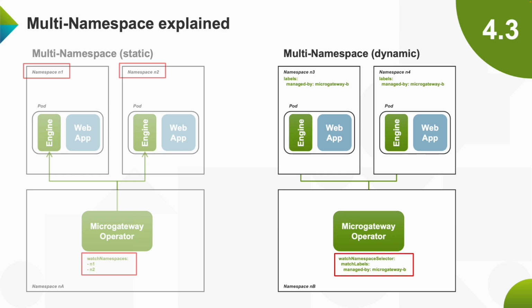That would be the namespace N3 and N4. So this means that the operator evaluates dynamically during runtime which namespaces should be handled or not. Therefore, the namespaces can be labeled or unlabeled during the operator's lifetime, and it tracks the changes.